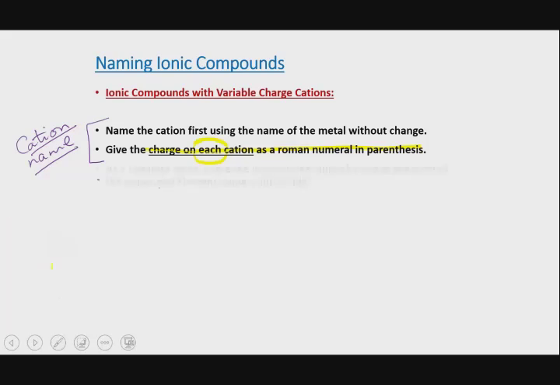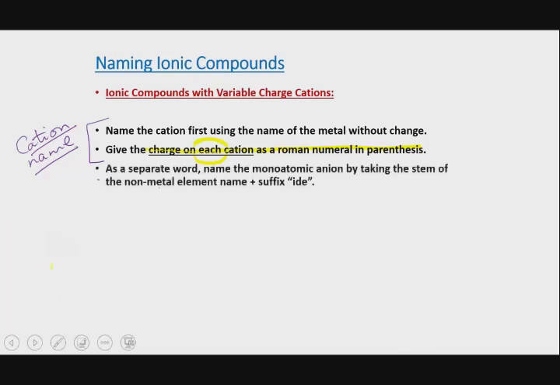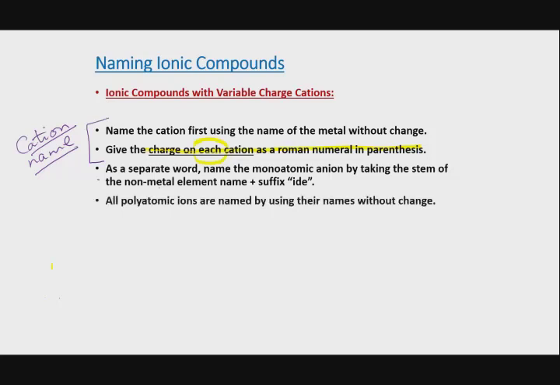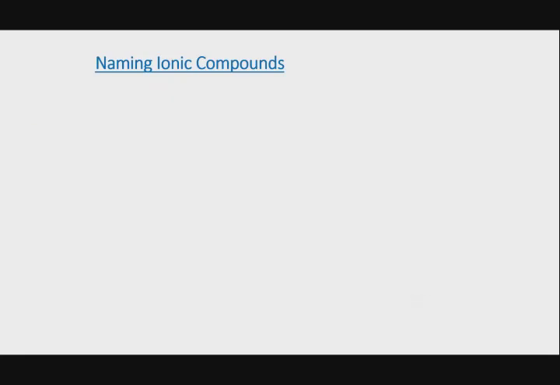Once you've named the cation, we name the anion exactly how we did before, using the stem of the non-metallic name and attaching the suffix "ide." If the anion happens to be a polyatomic ion, then we do not change the name of the polyatomic ion at all. So let's try it out.